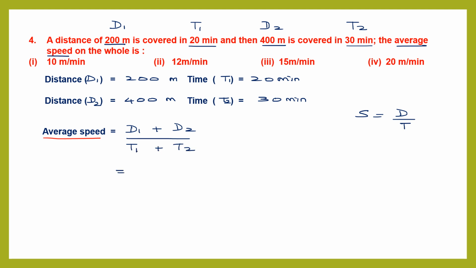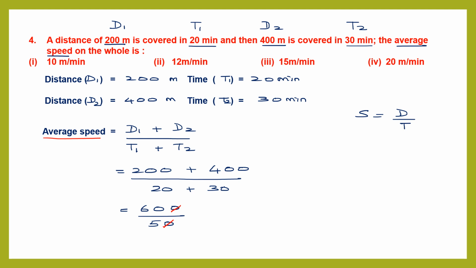So now let's see, distance 1 is 200 meters. Distance 2 is 400 meters. Time 1 is 20 minutes and time 2 is 30 minutes. So now let's add this up. 200 plus 400 is 600 divided by 50. So here let's cancel. Then we have 60 here. 5 into what is 60? 5 into 12, isn't it?